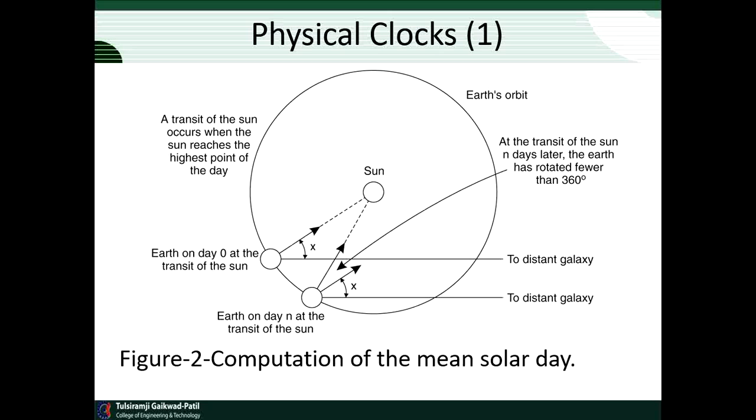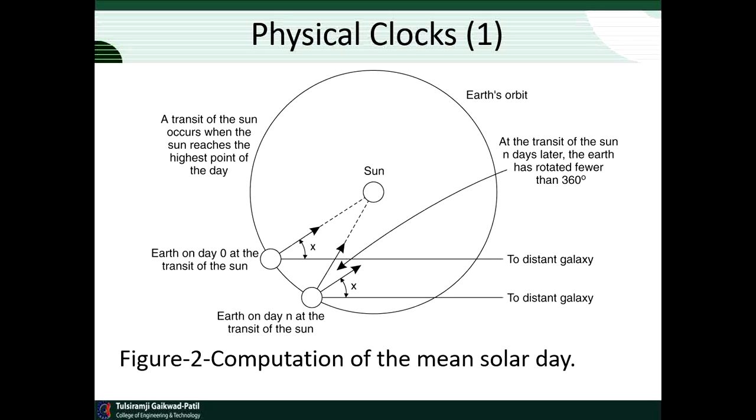So this is about the basics of clock synchronization. In physical clock synchronization, this figure shows the computation of the mean solar day. In this diagram, the sun is at the center, and around the orbit of the earth it shows the clock in each and every machine.